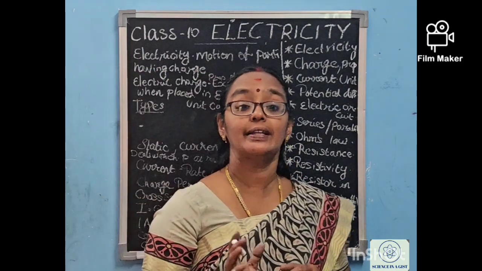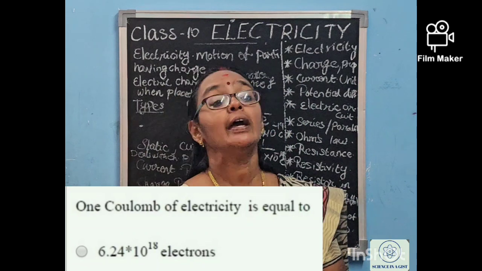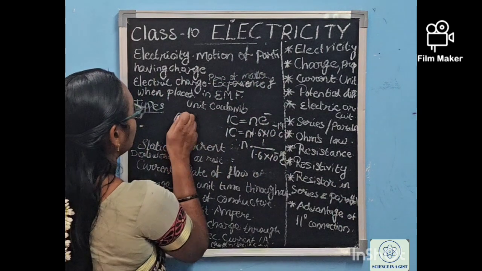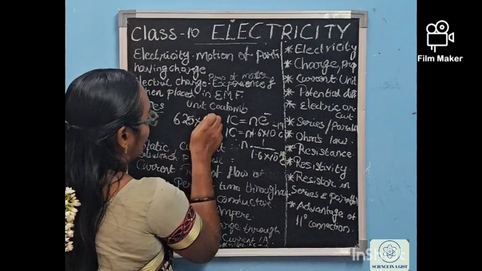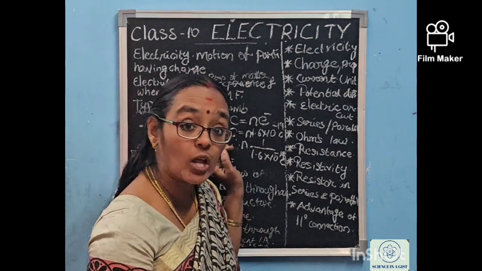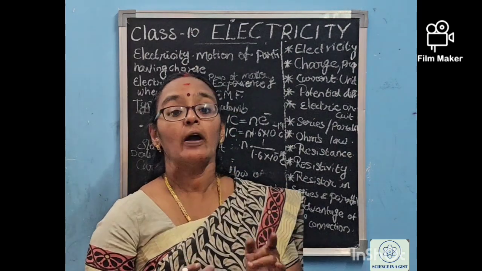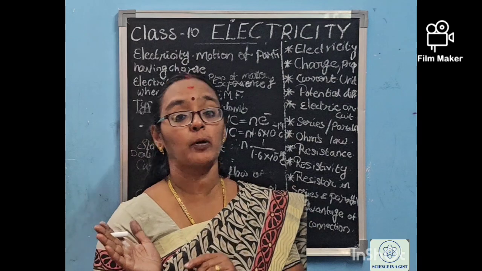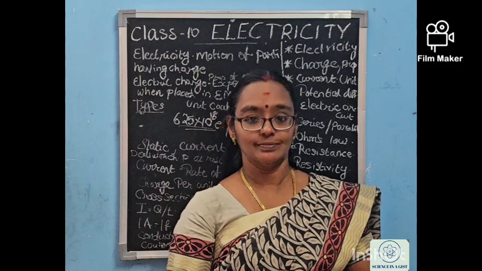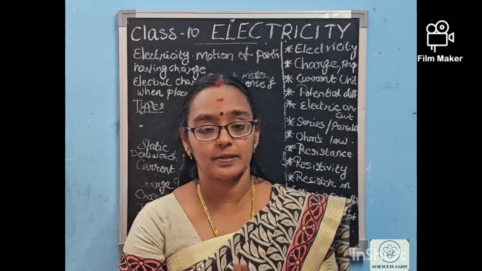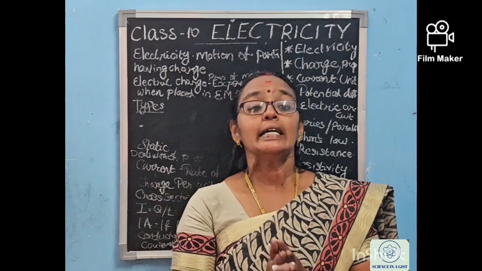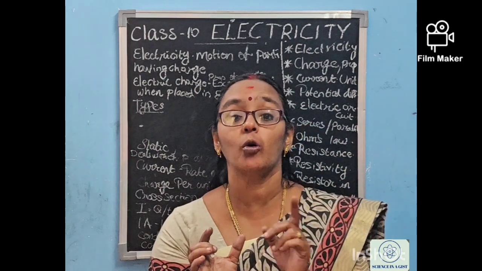When you calculate, you will get 6.25 into 10 raised to 18 as the number of electrons. This many electrons, each having a charge of 1.6 into 10 raised to minus 19, are present for making 1 coulomb of charge. Now, we should know that for electricity to occur, the charged particles have to be in motion.